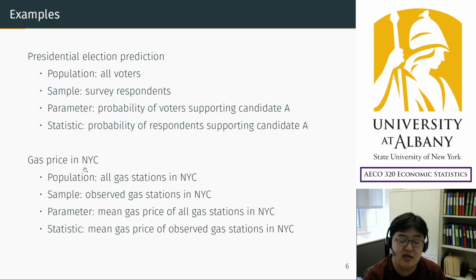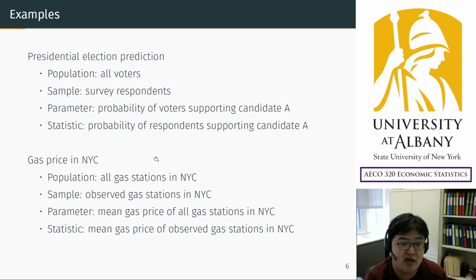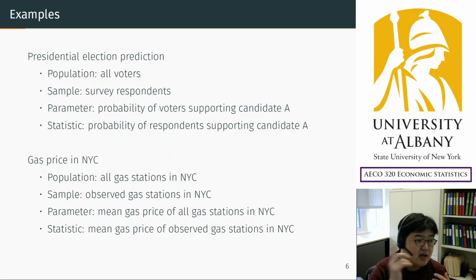Similarly, gas price in New York City. The population is all gas stations in New York City. If you could visit every single gas station, then the answer is clear. You can get the mean gas price in New York City. But assuming that you cannot visit all gas stations, you need to randomly choose a few gas stations and check their prices.